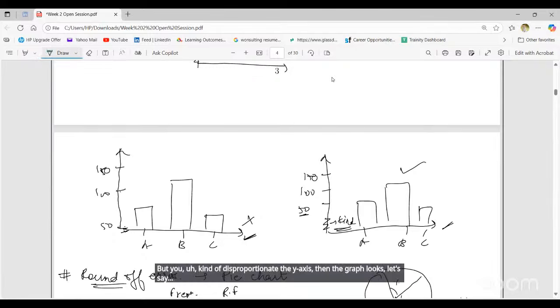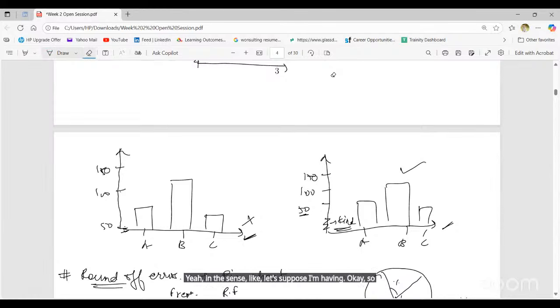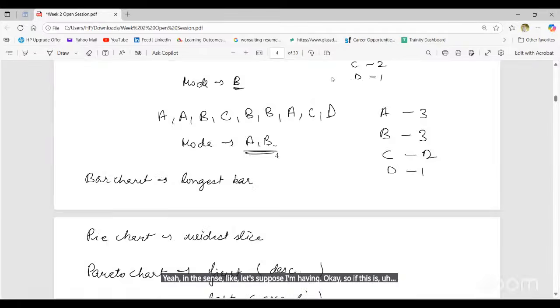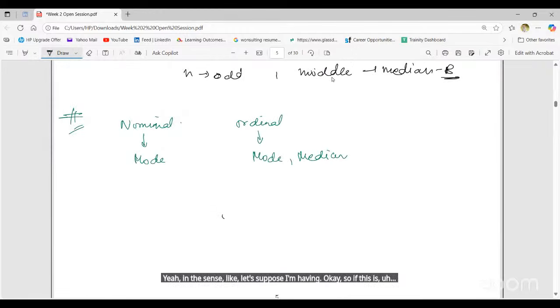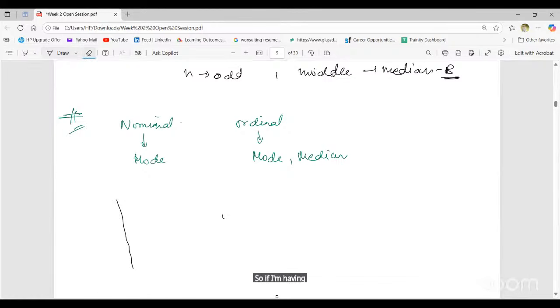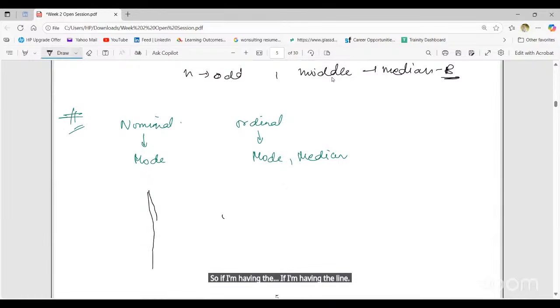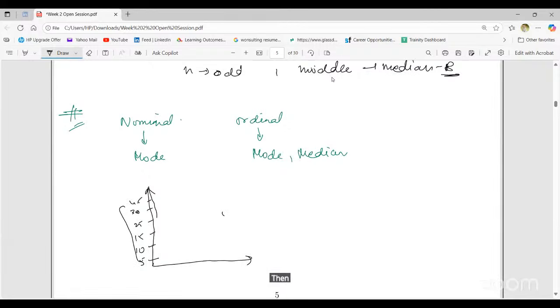Let's suppose I'm doing correlation activities, and the y-axis values are 5, 10, 15, then 25, then 30, then 45, something like that. So this is a manipulated y-axis.